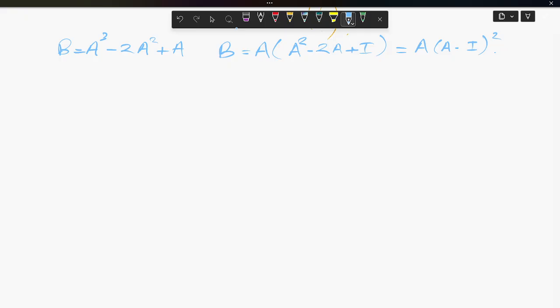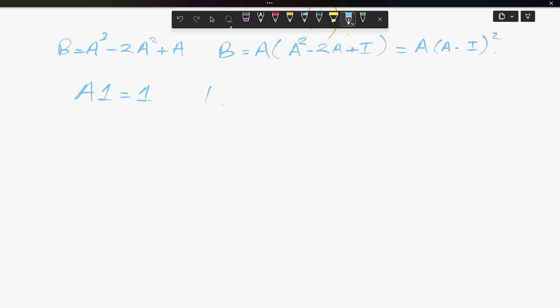So now the eigenvalues of A and B. From the given information, we know that 1 is an eigenvalue of A, and let's consider the eigenvalues of B.